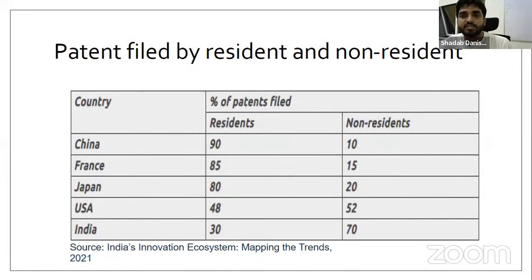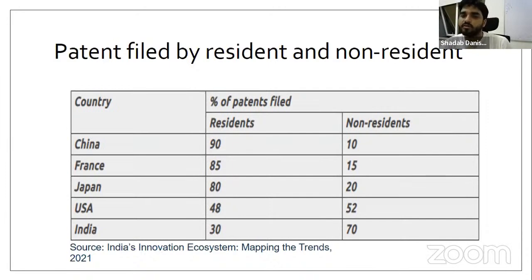Patents filed by residents and non-residents: if you look at that, in China about 90% are filed by residents only, which shows how much innovation Chinese people do, right? Whereas in India, 30% are by residents and 70% by non-residents, which means the maximum. So this is also lower. The data is already giving the points where we have to work. One, R&D.